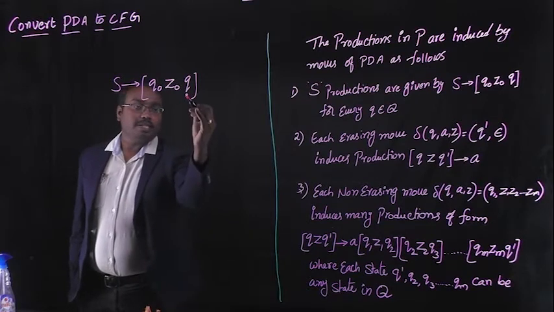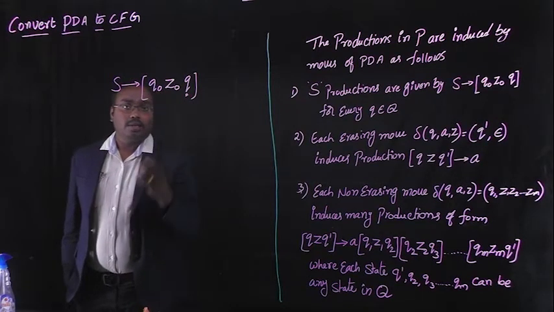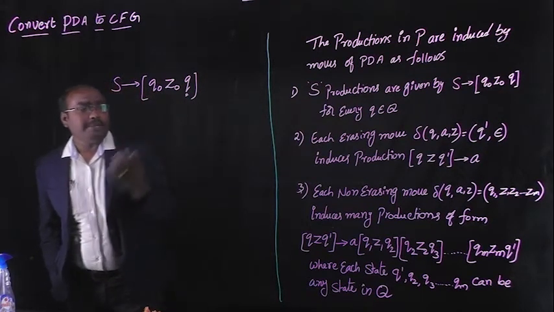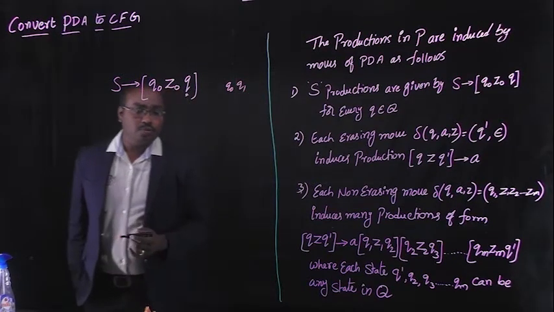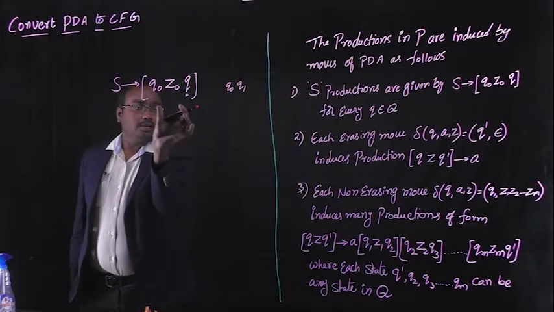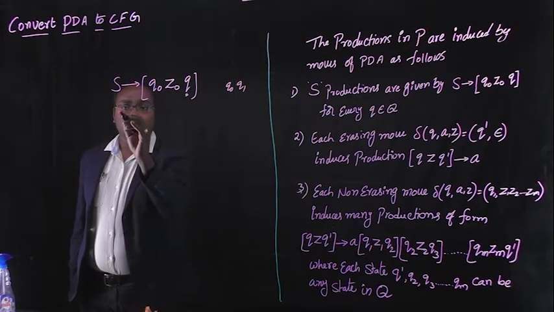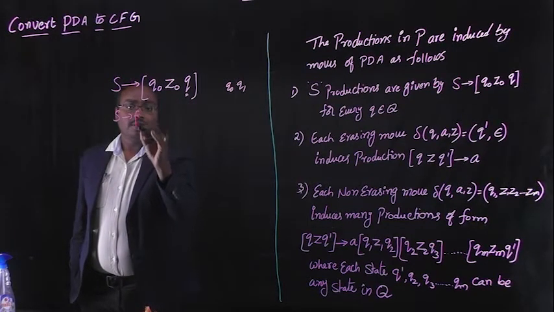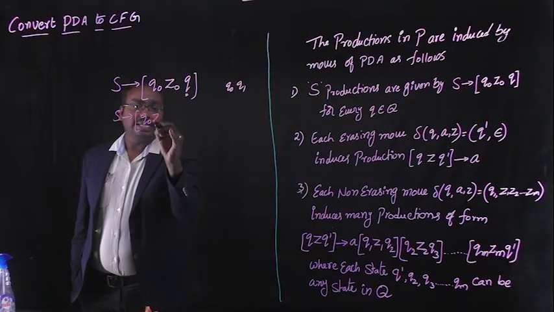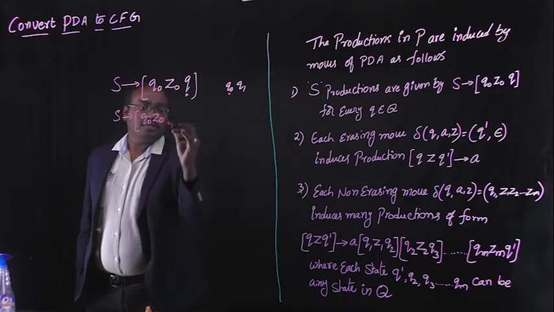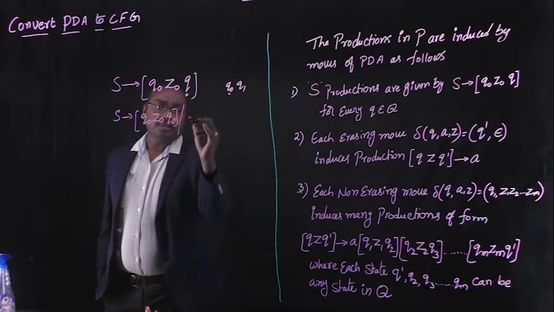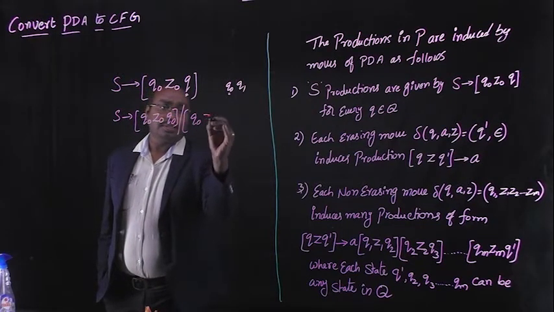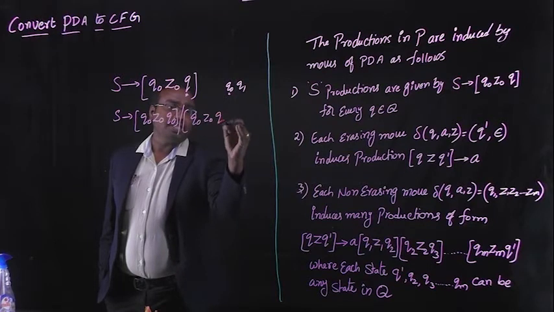So here, for example, in place of q I am writing, in my PDA, for example, I am having 2 states, q0 and q1. So then how to write the possibilities of starting variables? Here [q0 Z0 q0], q0 is my first state, and another one [q0 Z0 q1], with one more state, that is q1.